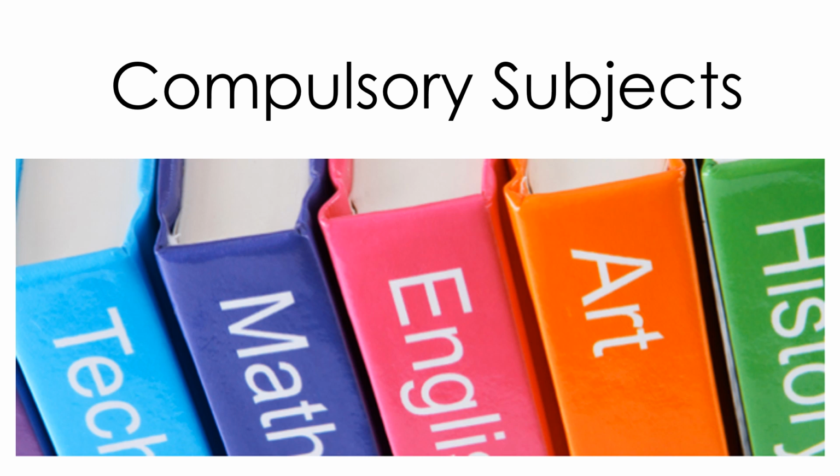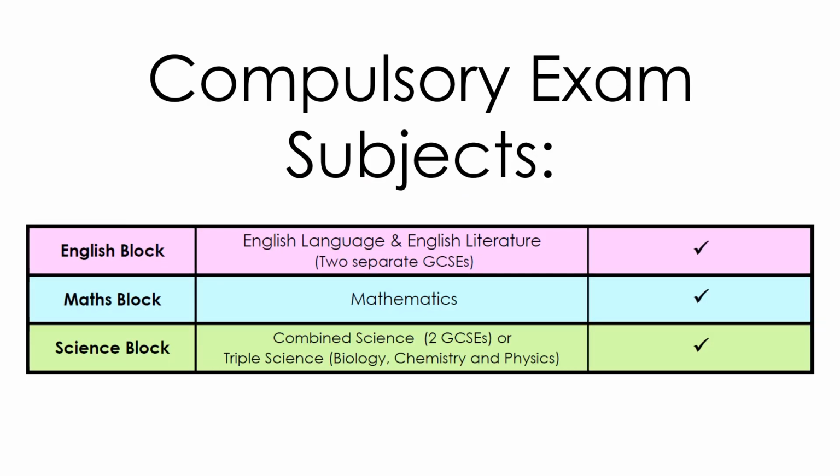As already mentioned, English and maths are compulsory subjects when they continue their education in Year 10 and 11, but in addition to that they will also continue to study science. So all students will study English language and English literature and sit those GCSEs at the end of Year 11, along with their mathematics GCSE, and they will automatically be studying the combined science course, which is equivalent to 2 GCSEs.